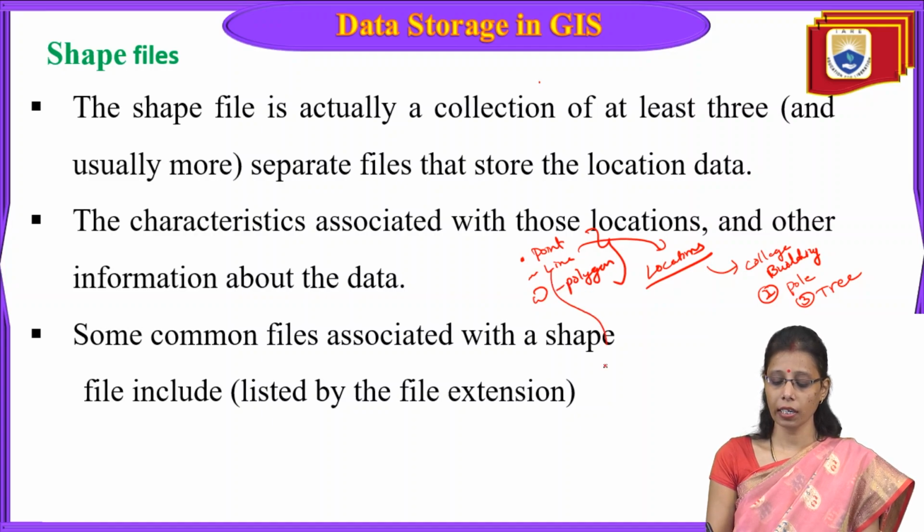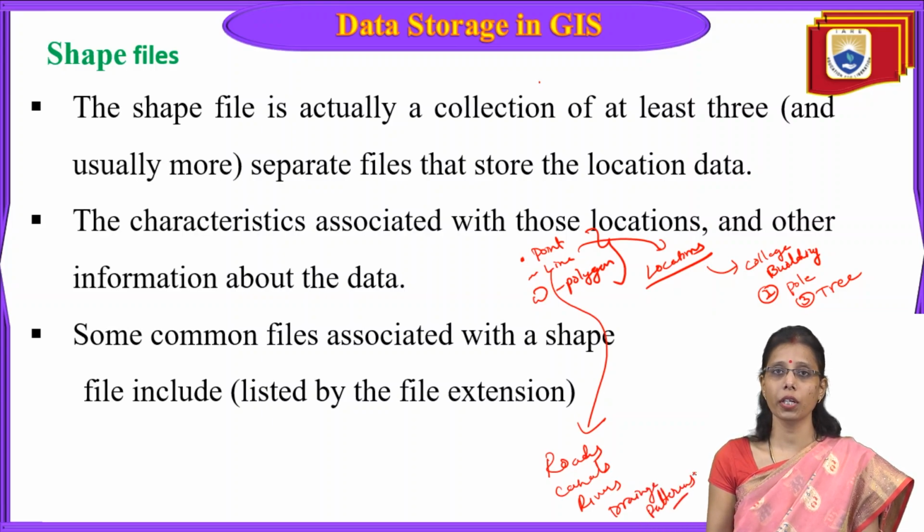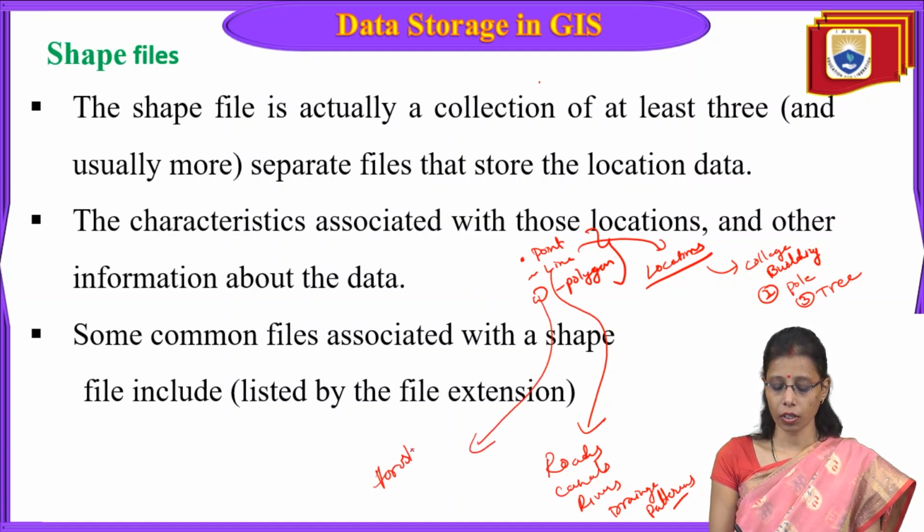And line is for all the linear features like roads, canals, rivers, all these drainage patterns. All this information will be stored in the form of a line. Now what about the polygon? Polygon will be stored as an area, like a forest boundary.